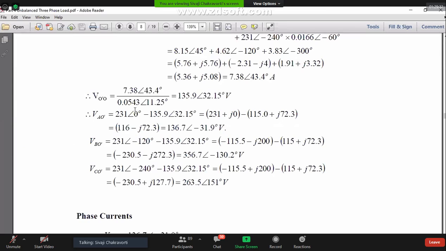So first I write the expression for the source voltages with ABC phase sequence, A followed by B followed by C. So A is 0, B is minus 120, C is minus 240. So then I write the numerator and we do the algebra. Then neutral shift is straight away this divided by that previous one, that means YA plus YB plus YC.